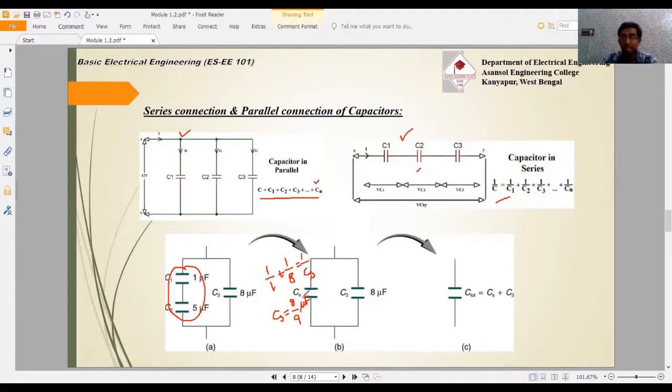Okay. Now this 8 by 9 microfarad is in parallel with 8 microfarad. So the net capacitance will be the CS value 8 by 9 plus the C3 value 8, because these are in parallel. So our calculation will be based on this series formula. Okay. So the final or equivalent value you can calculate very easily.